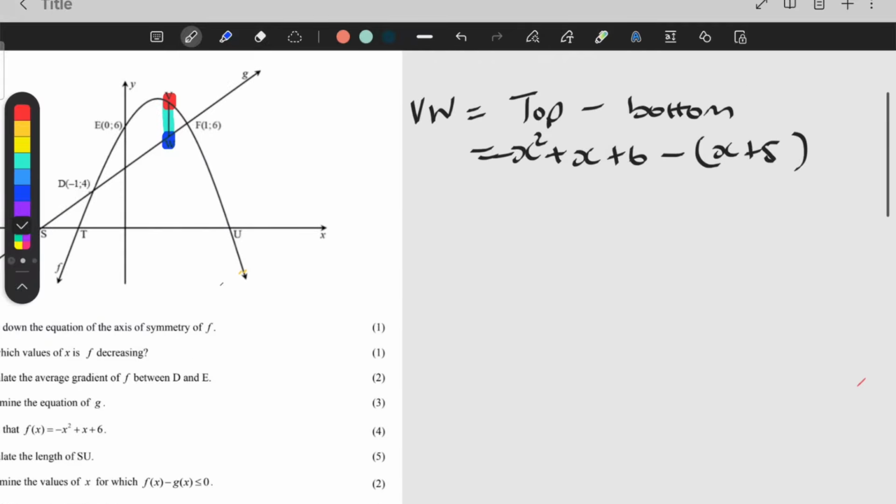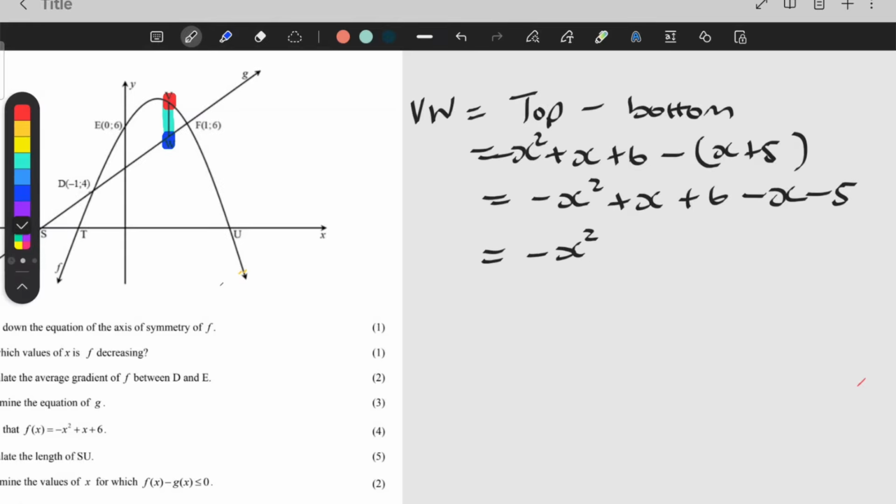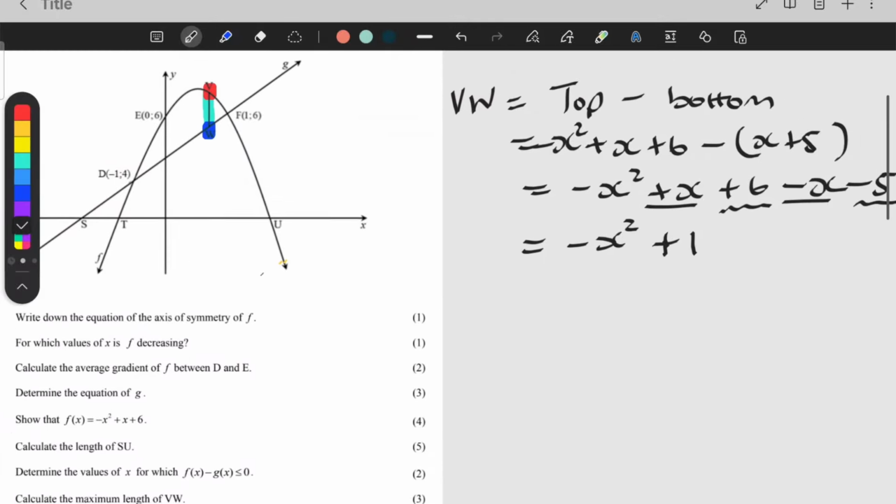You just say parabola minus straight line. So let's remove the brackets: negative x squared plus x plus 6 minus x minus 5. Add the like terms, negative x squared, this and this will cancel, and then this and this will give me plus 1. Now I have an expression for the maximum length.